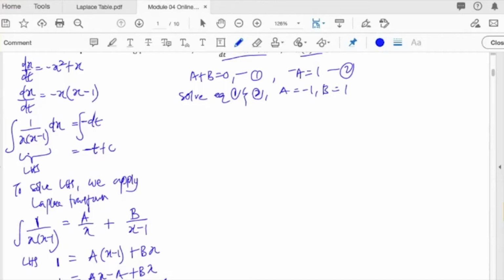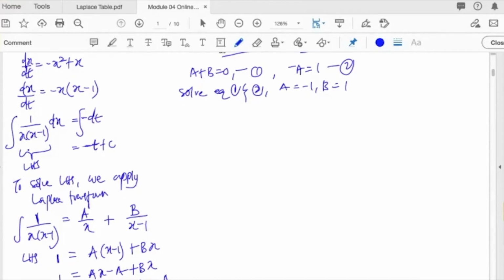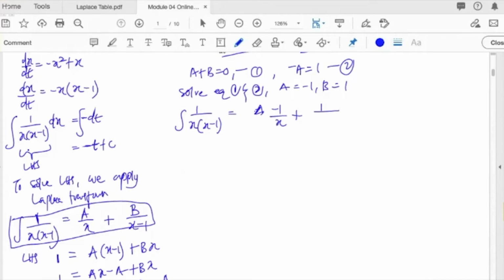We put these back inside our decompositions. That will give us 1 over x times x minus 1 equal to a, which is negative 1 divided by x, plus 1 over x minus 1.